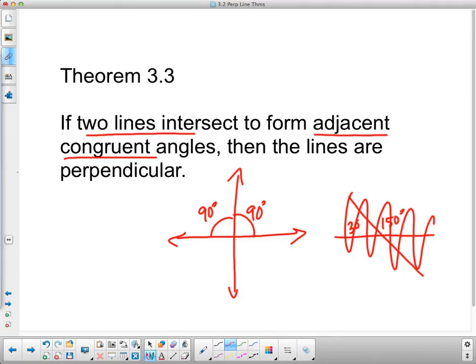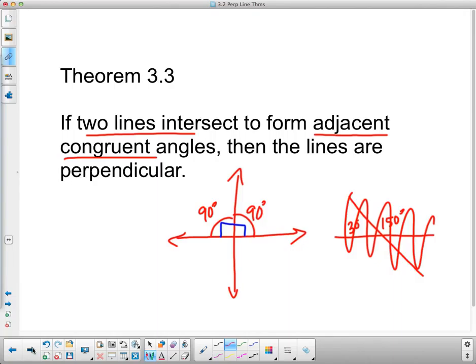Or what's perpendicular mean? Two lines that intersect at a right angle. Okay, intersect at a right angle. So as we discussed, those angles had to be 90 to be congruent and adjacent like that. So yes, they're 90 degrees. So the fact that those are perpendicular, we do have the conclusion correct.